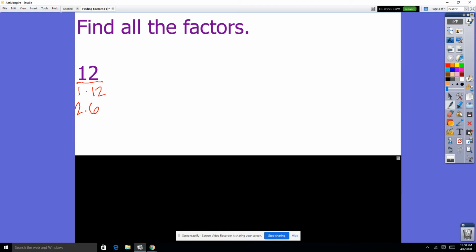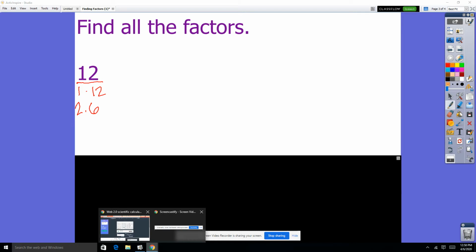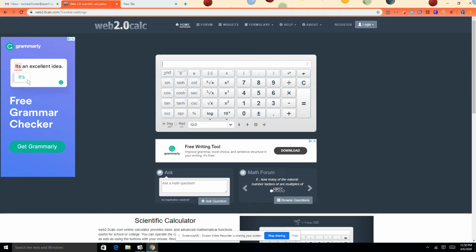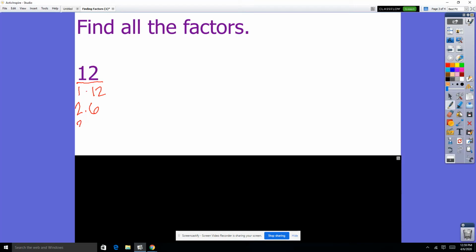So I've done 1, I've done 2. My next number to check is 3. So I'm going to check 3 to see if 3 is a factor of 12. So again, I'm going to take 12 and I'm going to divide it by 3. Well, 12 divided by 3 is 4. So 3 is a factor of 12. To figure out the factors, it's what you divided by in your answer. So the factor of 12 is 3 times 4.